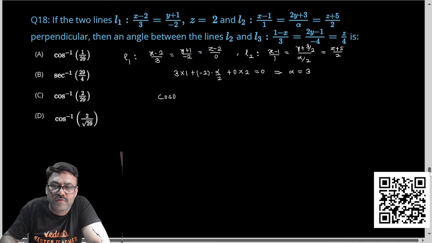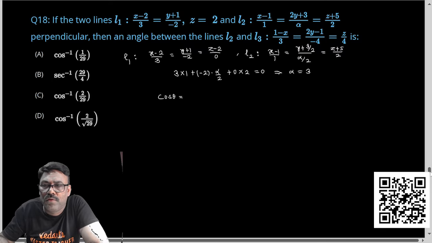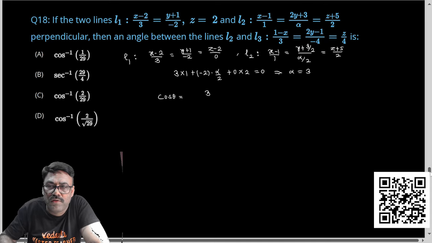So you will write cos theta is equal to 1 into 3, which is 3, alpha into minus 4, which is minus 4 alpha, and alpha is 3, so minus 12. Then 2 into 4, which is 8, divided by under root 1 plus alpha square plus 4, and under root 9 plus 16 plus 16.